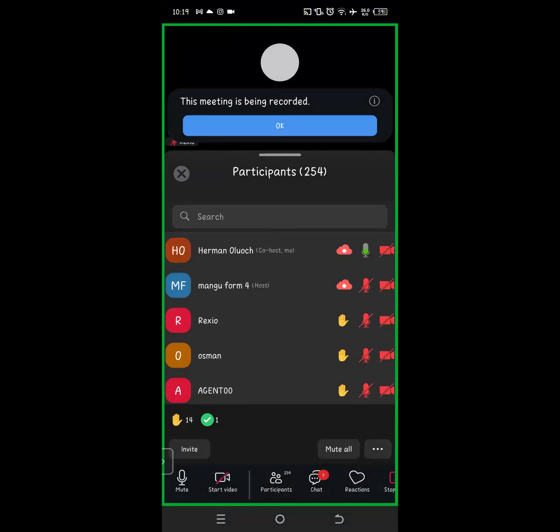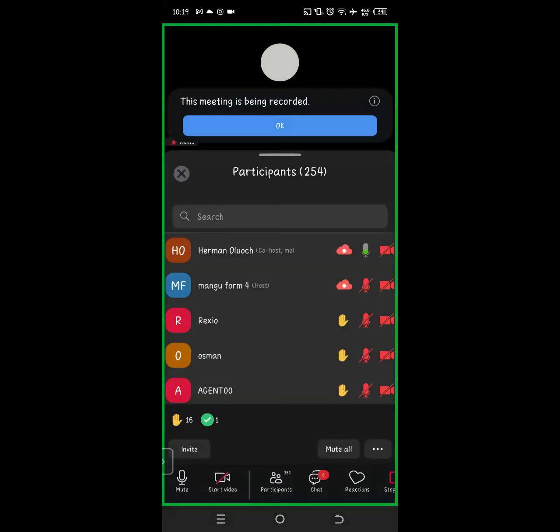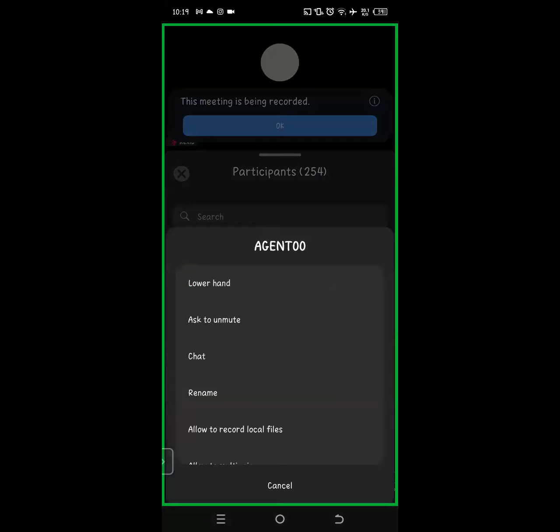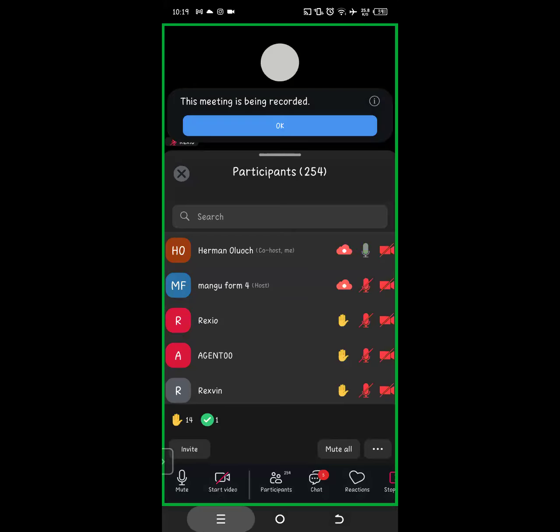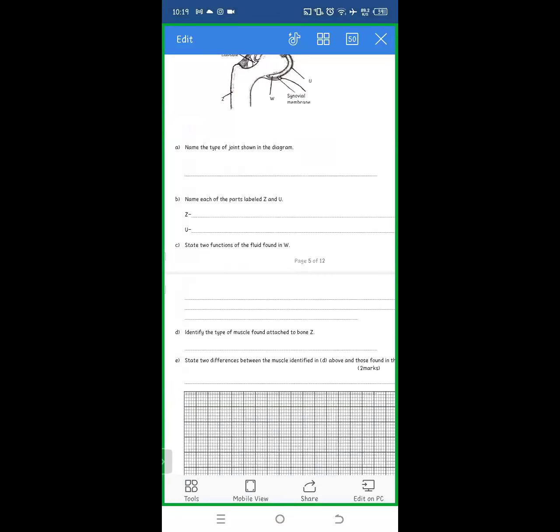We can see Osman here. Osman, you can unmute and speak. Osman is gone. We have Argento. Argento, you can unmute and speak. What is that fluid and what are its functions?